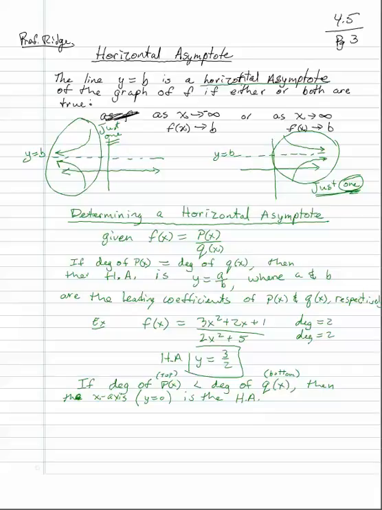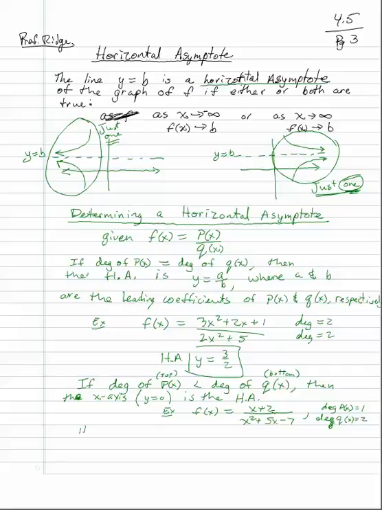So if the top is, say, x plus 2, that's degree 1, and the bottom is x squared plus 5x minus 7, the degree of the bottom is 2, so the degree of the top is less than the bottom.